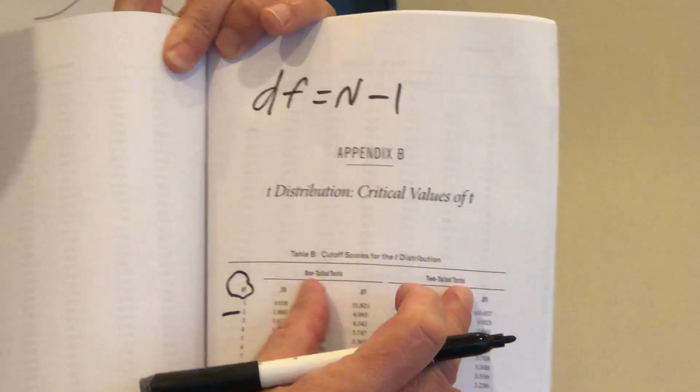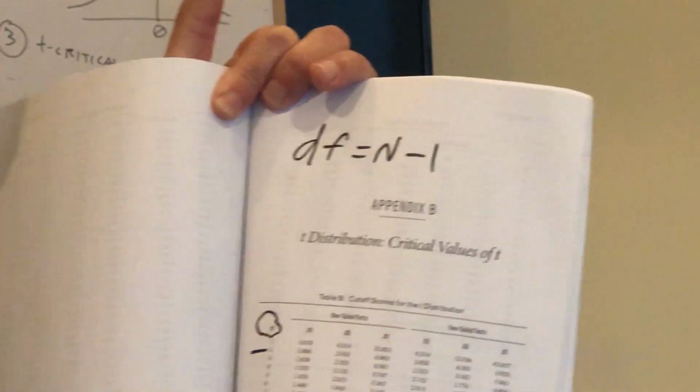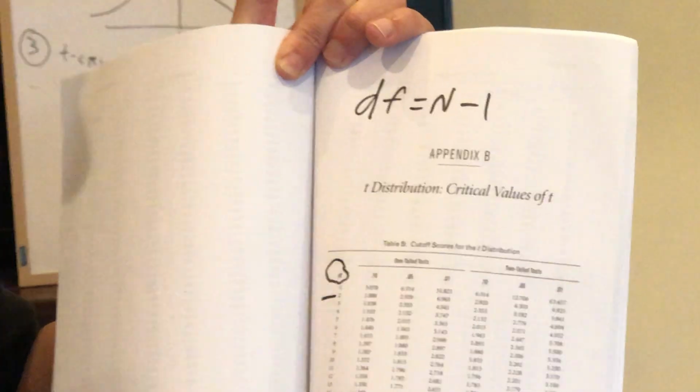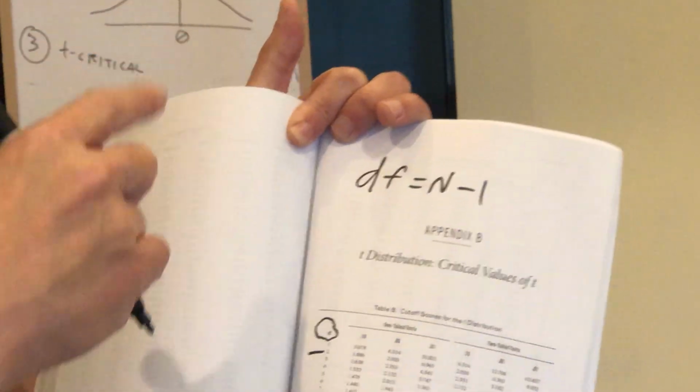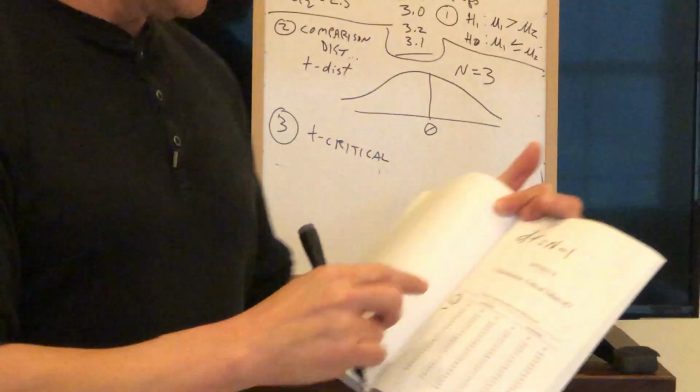Now, then you go by if you have a one-tailed test or a two-tailed test. Remember, if you have a prediction in a specific direction, you have a one-tailed test. Here, I'm predicting that students in my dorm have a mean that is higher than students in general. So I'm going to be looking at the one-tailed tests only. And then you go by alpha, which could be 0.1, 0.05, or 0.01.